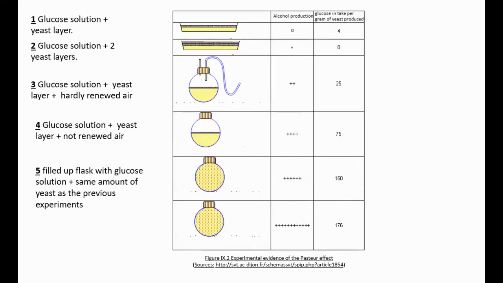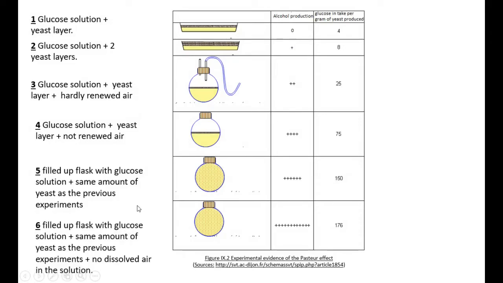And the last one, you may wonder how on earth we can put even less air. Well, Pasteur found a solution to take the air out of the solution. I don't know if you know this, but gases will dissolve into solutions in water, for example. Well, he found a way to take this air out.